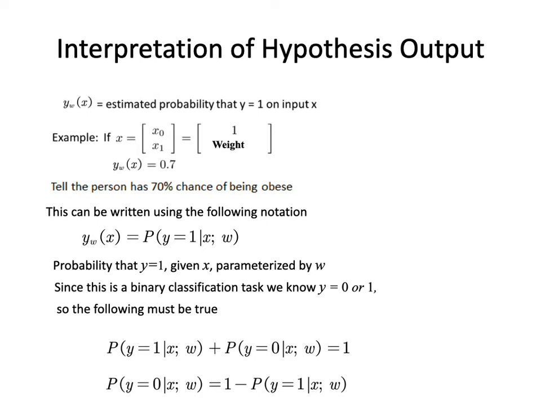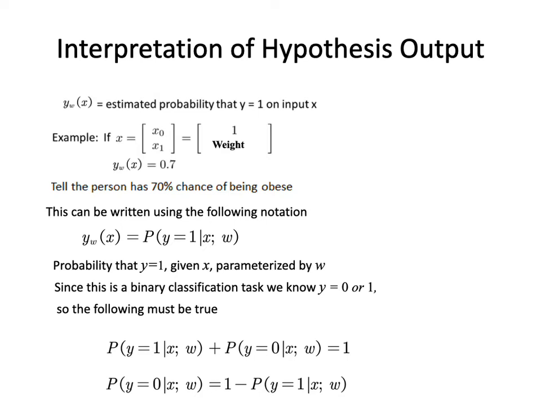Then the output value tells us that the person has a 70% chance of being obese. We assume this model output for the obesity classification problem that we have discussed before, and we can interpret the output in terms of a probabilistic prediction of the true class.